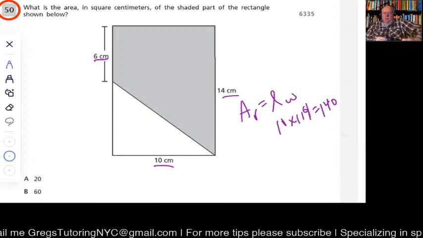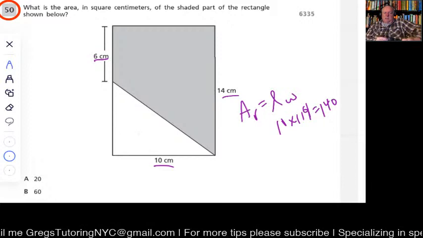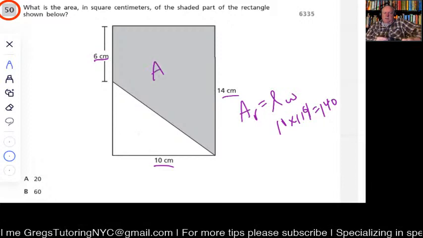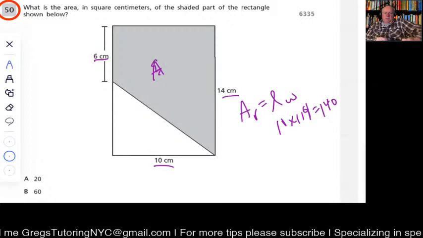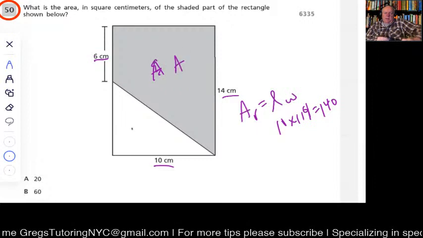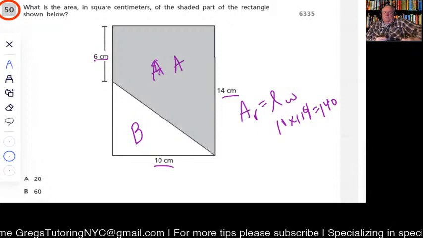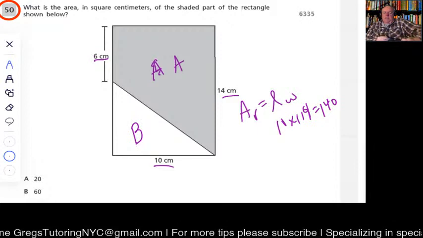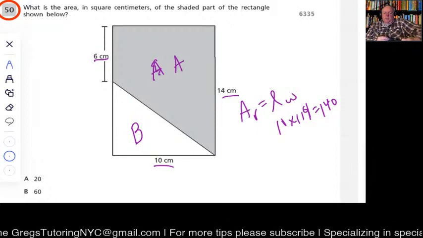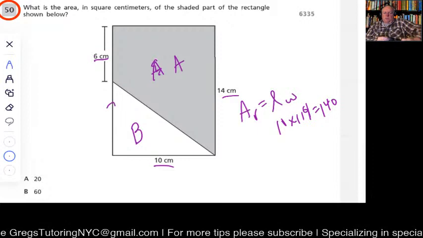And then it's broken down into other pieces. There's the shaded area, which I'll call uppercase A, and the triangle area, which is B. So you might say, well, we can't figure out the area of the triangle because what's the length of this thing right here?